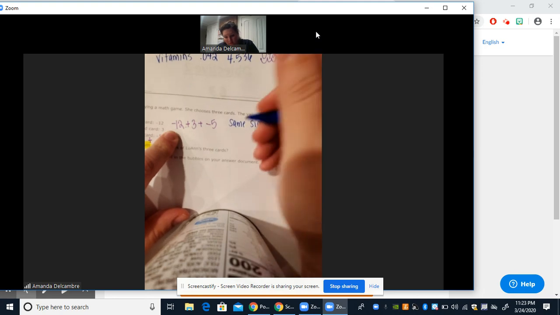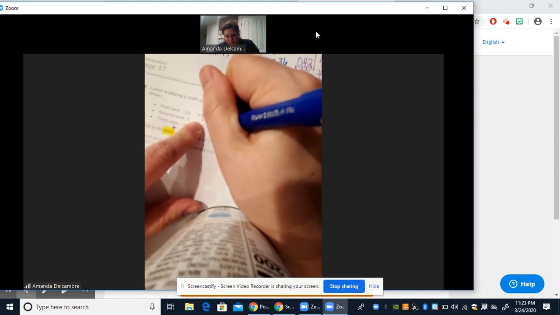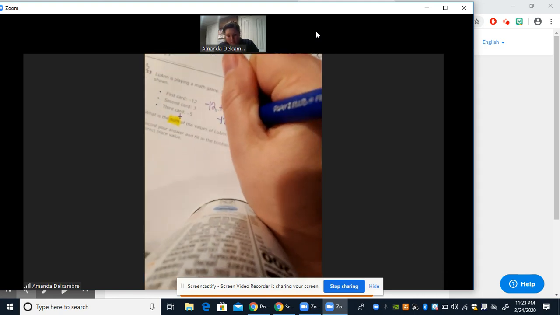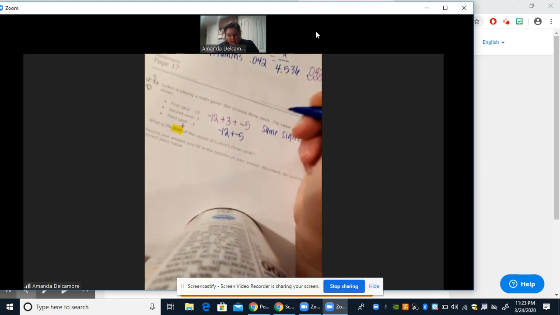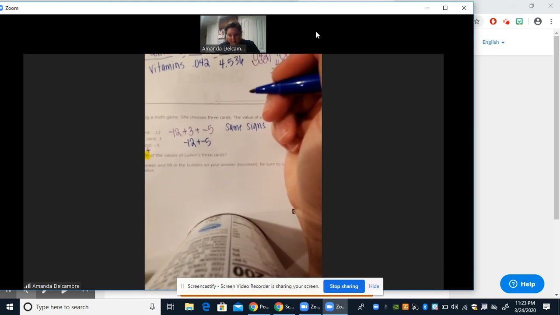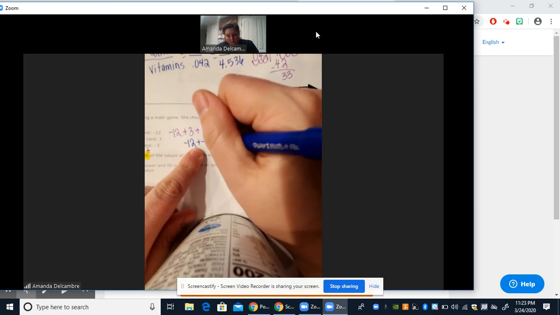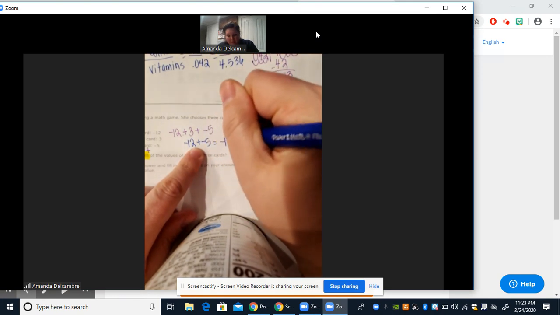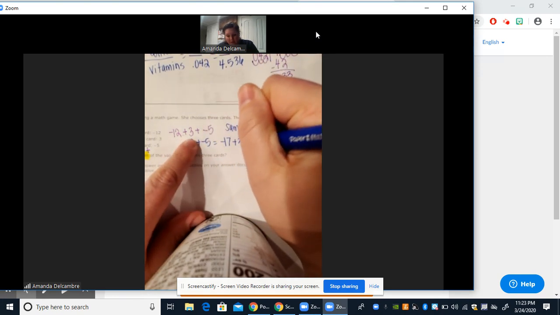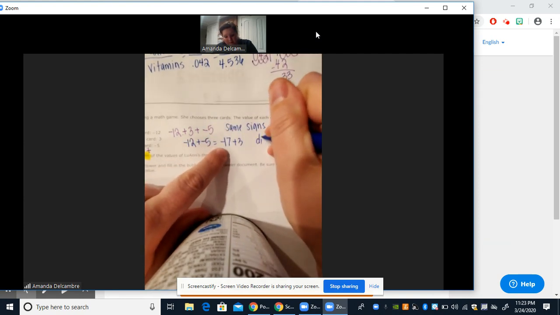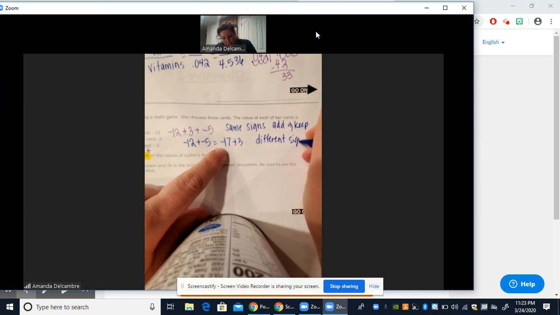Okay, so we have negative 12 plus a negative 5 gives me a negative 17. We have the plus 3. So same signs, add and keep, different signs, we're going to subtract.